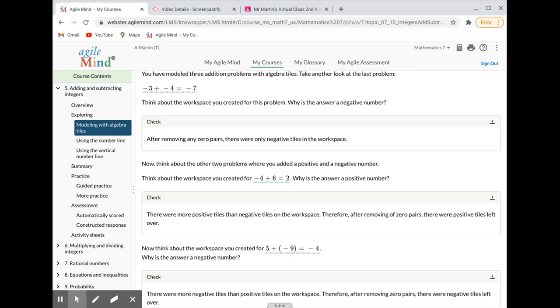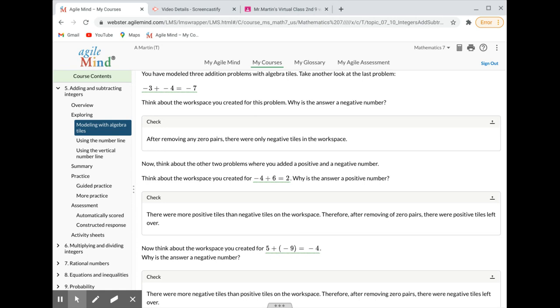Now think about the other 2 problems where you added a positive and a negative number. Think about the workspace you created for -4 plus 6 equals 2. Why is the answer a positive number? There were more positive tiles than negative tiles on the workspace.